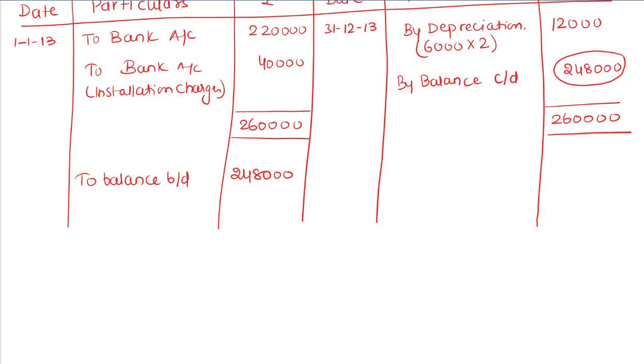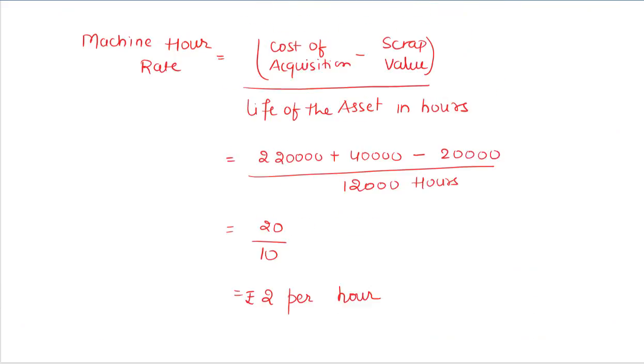To balance brought down, 1st January 2014. Closing date 31st December 2014, as it is accounting year. By depreciation account.